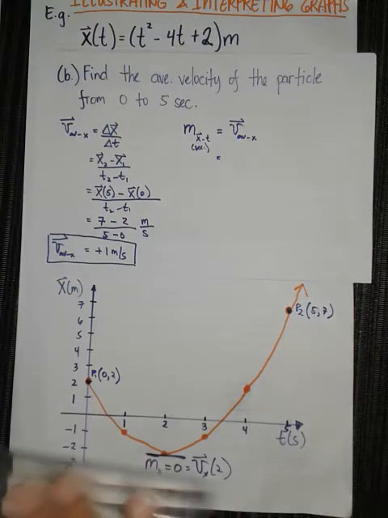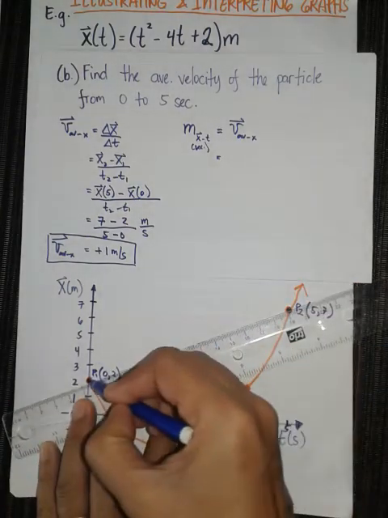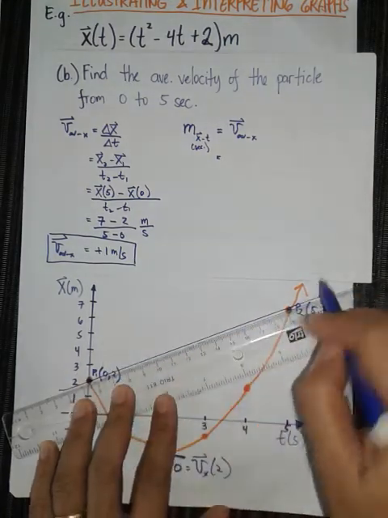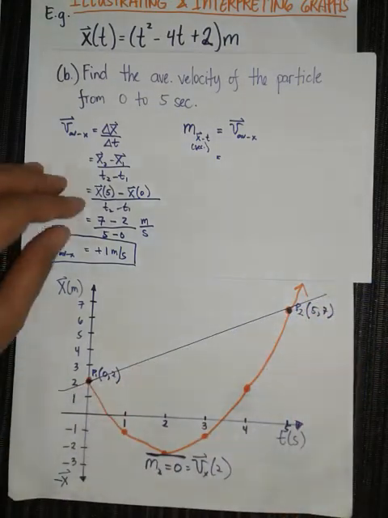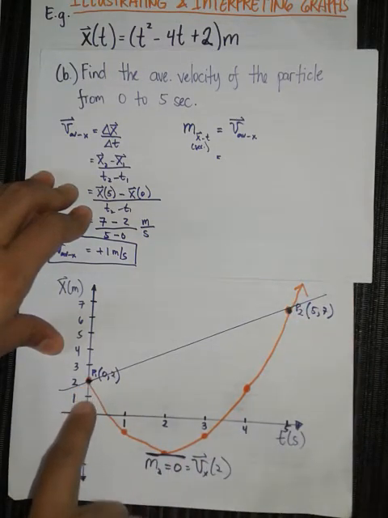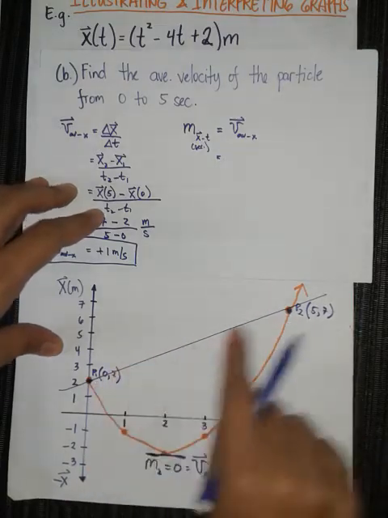So if we connect this now, we have a line that is secant to our curve at points (0, 2) and (5, 7). So we get the slope of this line now.